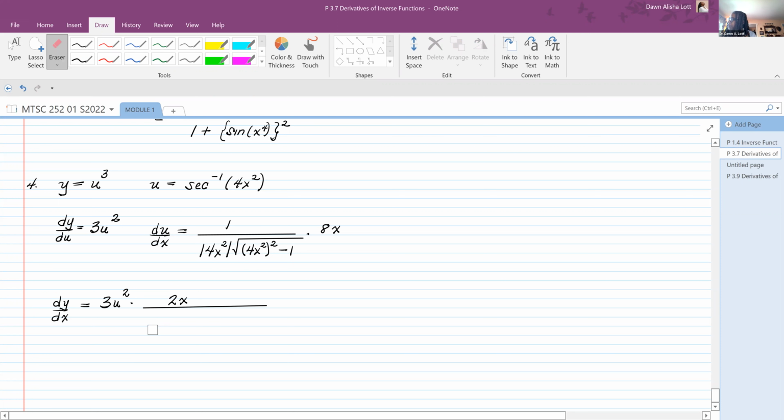So the absolute value of x squared is just x squared. And then I have the square root of 16x to the 4th minus 1.